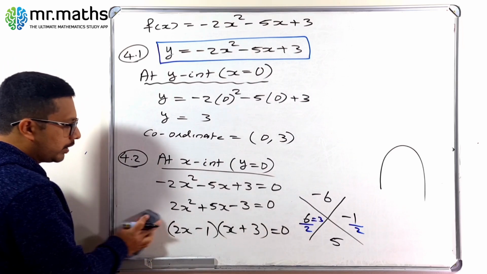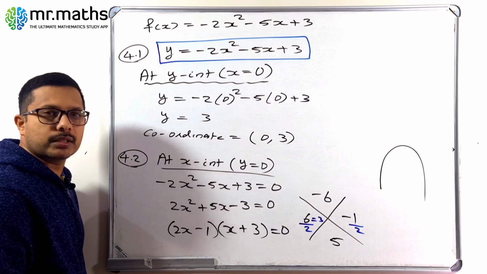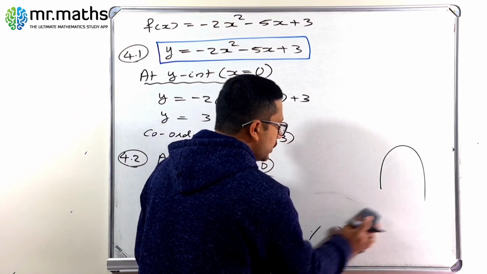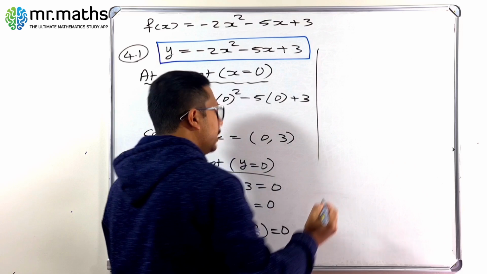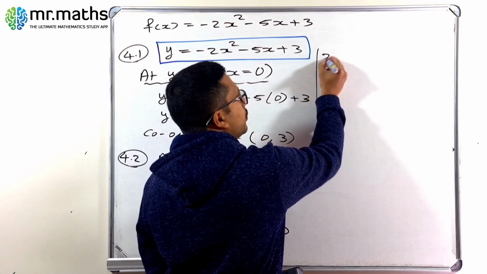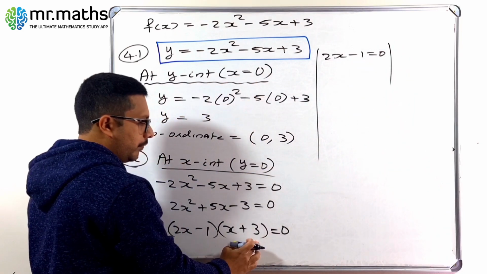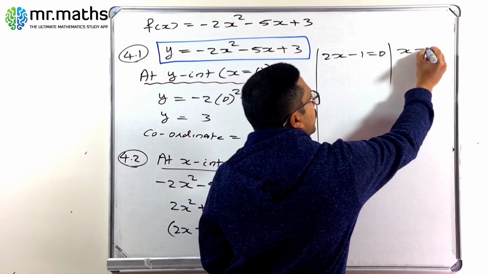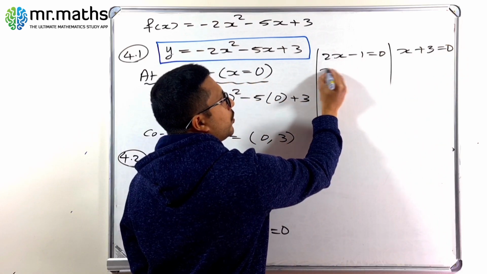So there are two factors, 2x minus 1 and x plus 3. It means that either the first one is equal to 0 or the second one is equal to 0. Either 2x minus 1 is equal to 0, or the second one, x plus 3 is equal to 0. So from here, what is 2x?